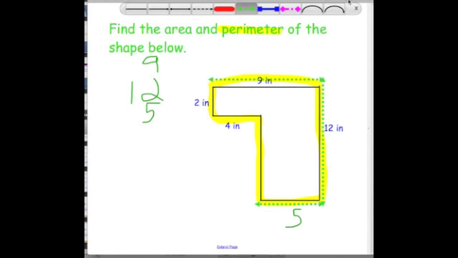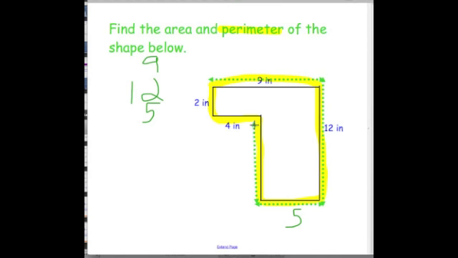We're going to keep walking around this. We're going to go up this area. But we don't know this length either. But if we remember in our past slide when we were finding the area, we took 9 minus 4 to get our 5. So we can do that the opposite way too. We see that our full length here is 12, and we just have to subtract 2. So 12 minus 2 is 10. This gives us 10.